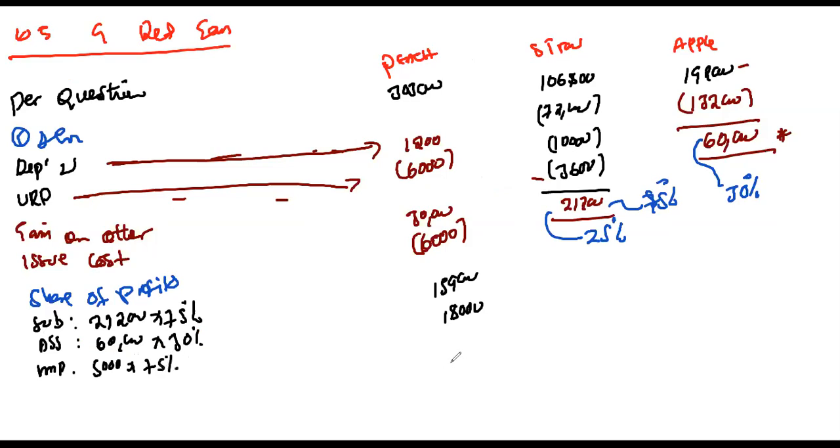How much do we have? 3,750. We'll remove that figure. So now what is our total profit number to the SFP? What is our total profit?